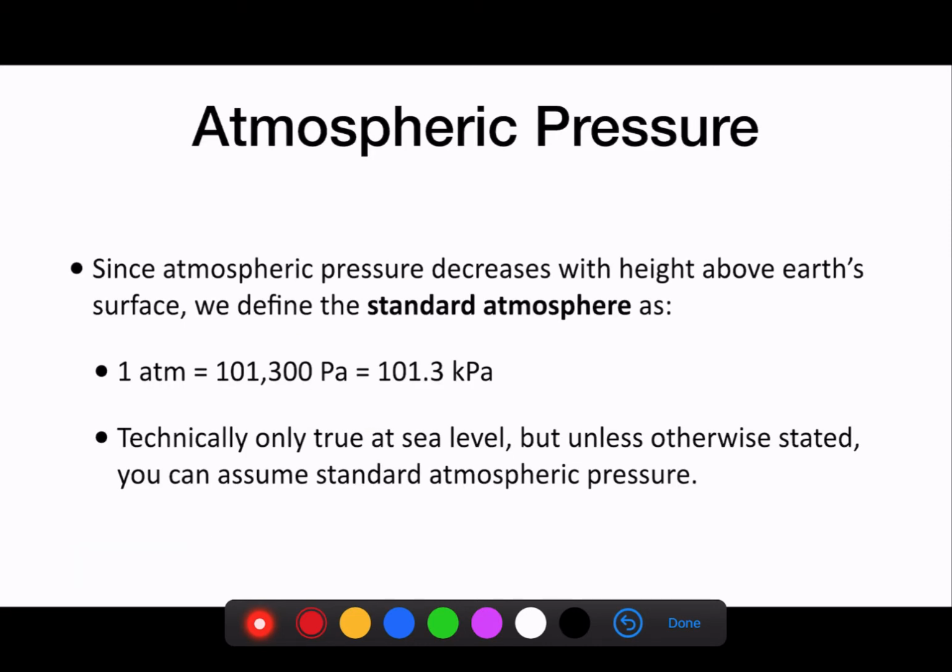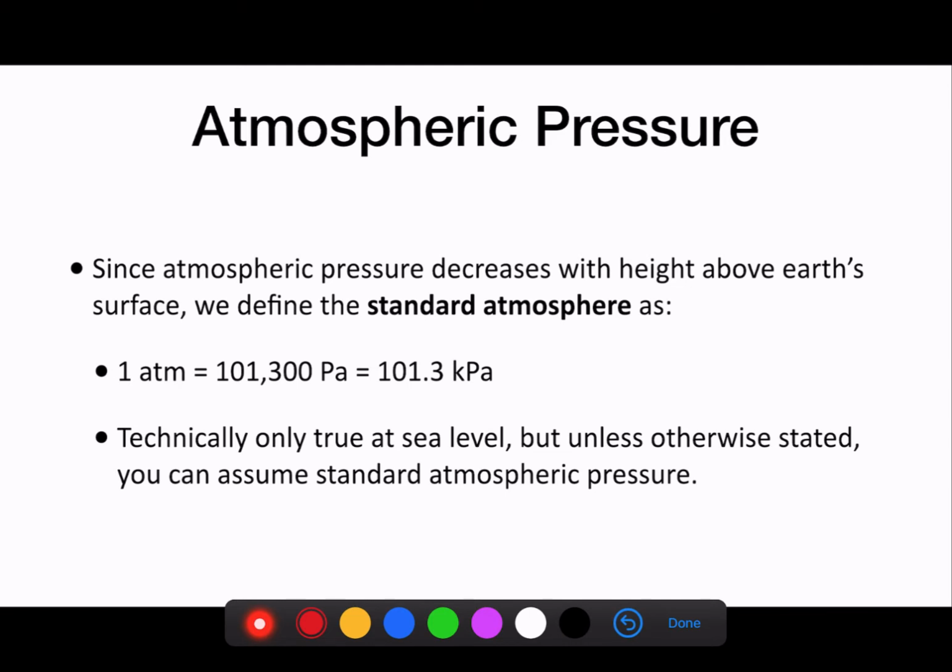Since atmospheric pressure, the pressure due to our own atmosphere, decreases with height above Earth's surface, we define a standard atmosphere as 101,300 pascals, or 101.3 kilopascals.